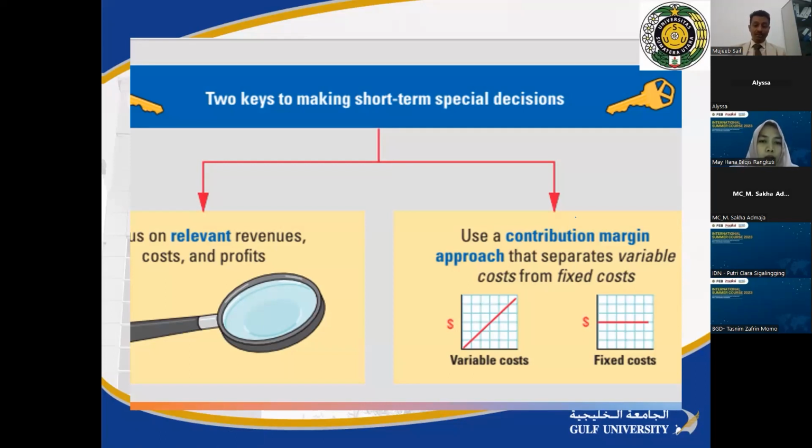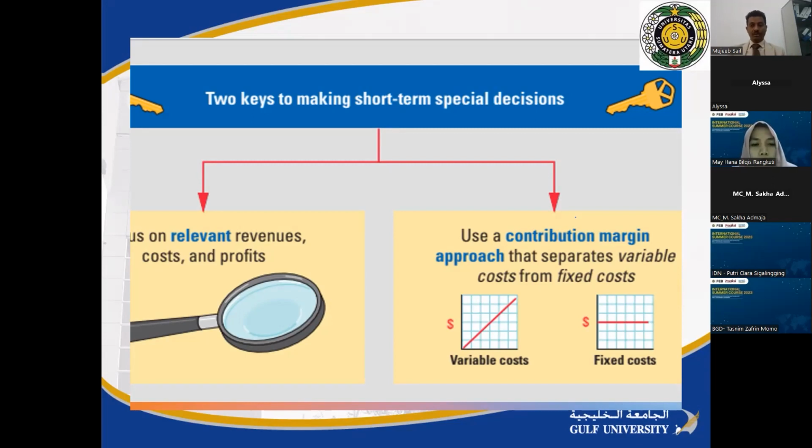So relevant revenue, relevant cost, and profits mean that we should focus on the information that is different between the alternative options to make a decision. For example, if two options are the same in cost, there is no relevant information I can use to select an option, because the cost is the same.